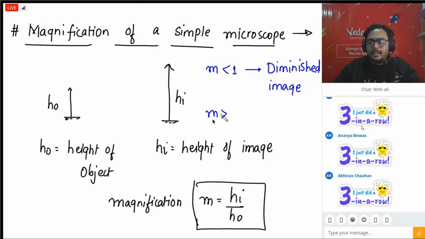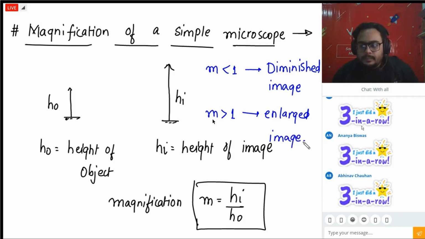A bigger image will be formed. Twinkle ji, height of image by height of object is magnification. If it is greater than 1, image will be large as compared to object, and if it is less than 1, it means image will be smaller as compared to object.